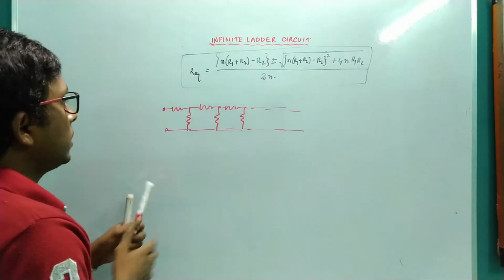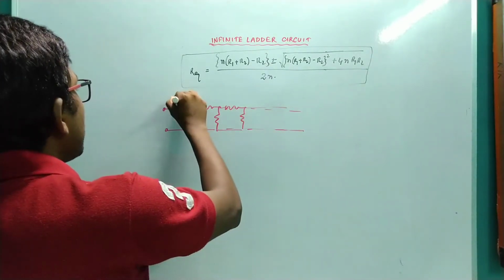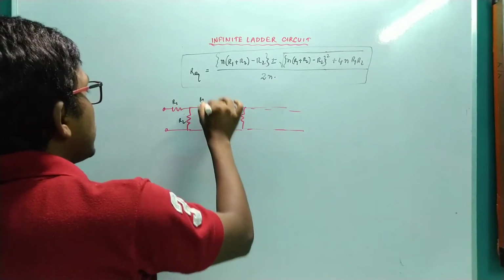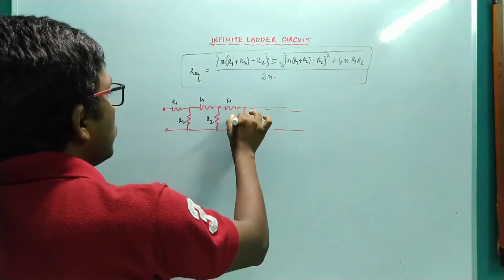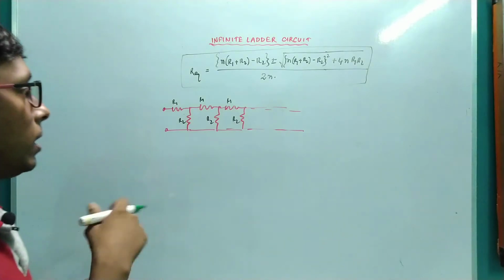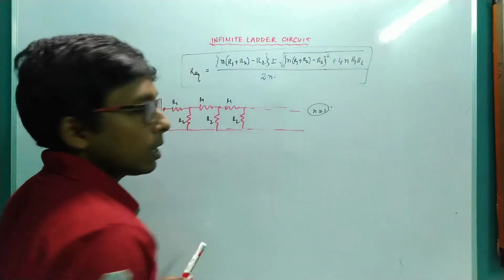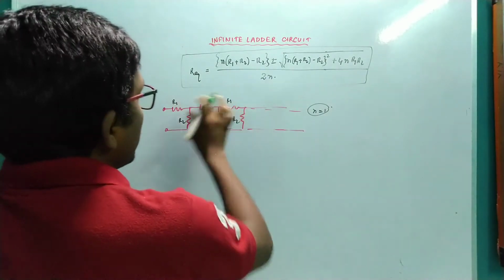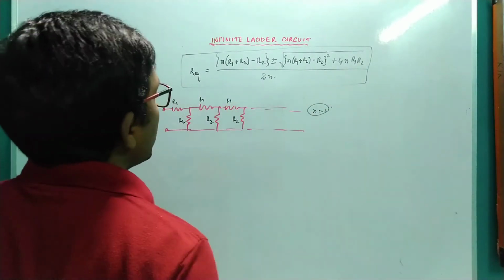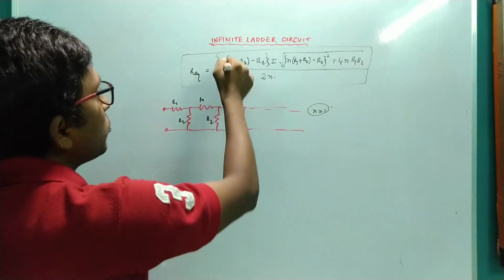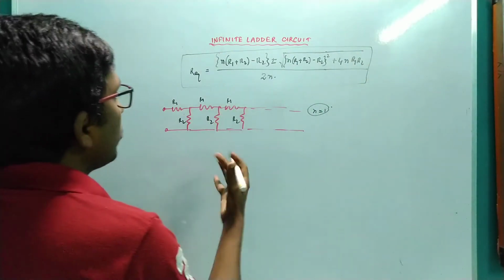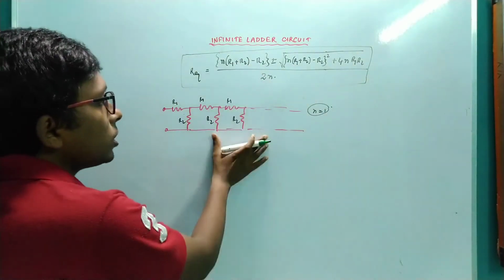Up to infinity, this is R1, this is R2, this is R1, this is R2, and so on. So you can find the factor N is equal to 1. This is my first step: I find the factor N, and if you put N in this formula, you will get the equivalent resistance for this circuit.